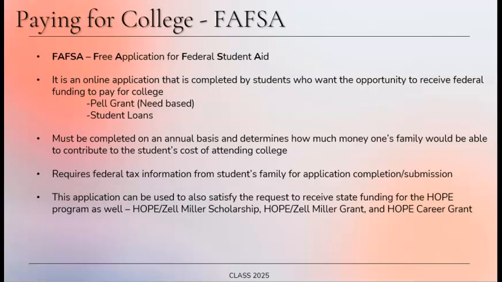And that's for our Hope and Zell Miller scholarships, Hope and Zell Miller grants, as well as the Hope Career Grant. So it's nice in that you're feeding two birds with one seed, given this can satisfy the college and their funding, as well as the state of Georgia and its Hope and Zell Miller funding.